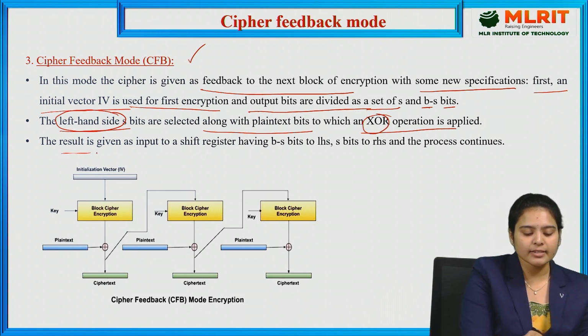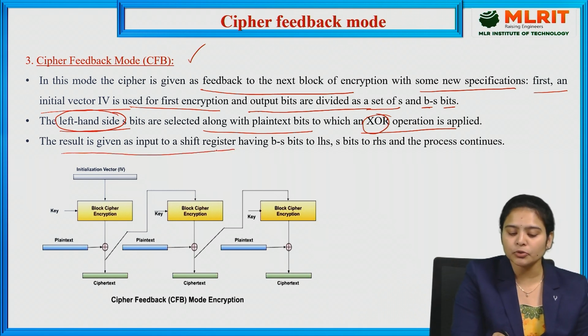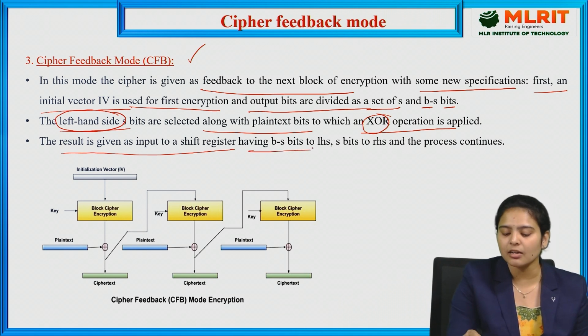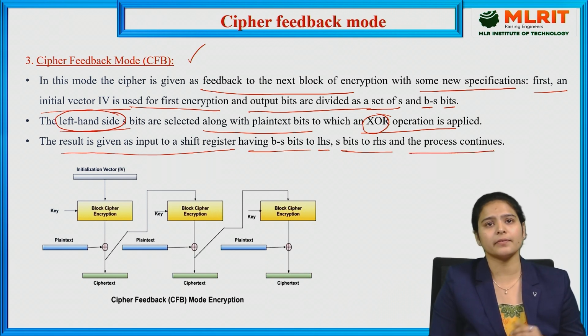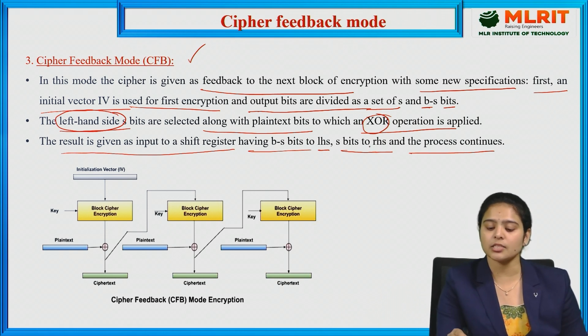The main result is the input to a shift register having the BS bits to the LHS and S bits to the RHS, and the process continues. For the RHS, it gets the S bits, and for the LHS, it gets the BS bits.